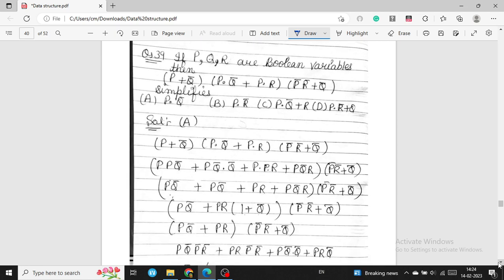And the next question is, if P, Q are Boolean variables, then P plus not Q, P not Q plus PR, and not P not R plus not Q. We have to simplify it. For simplification, first of all, I multiply P by Q, not Q, then P, then not Q, and we find this result.